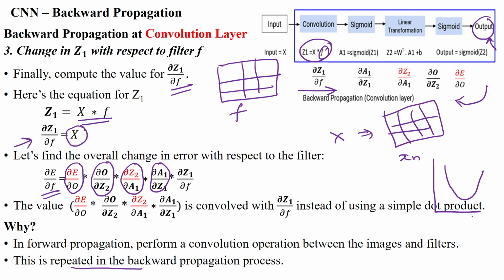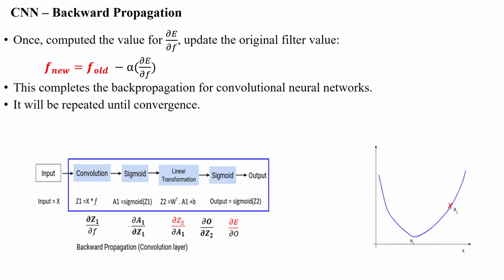After reaching the converging point we can stop the process. Finally we will get a curve like this. Initially our error may be here, then when you update the parameter values, w, bias and filter parameters, it reaches close to zero. So this is about CNN backward propagation.